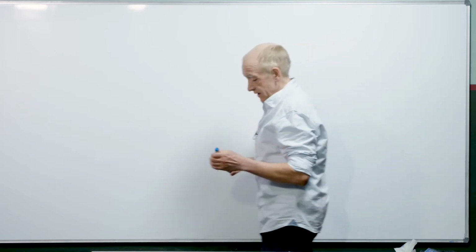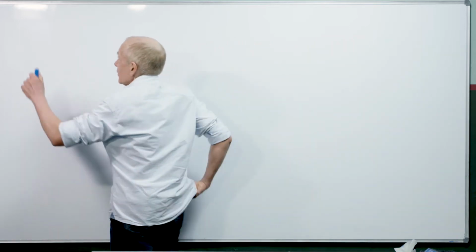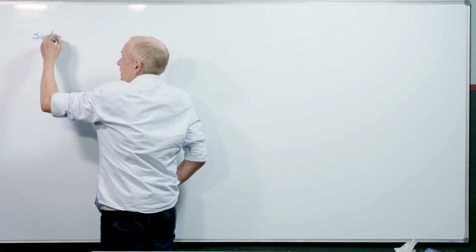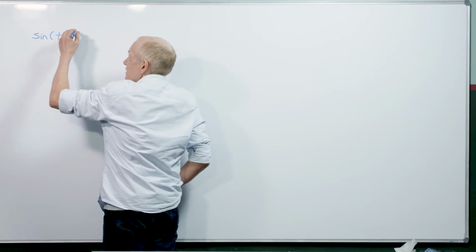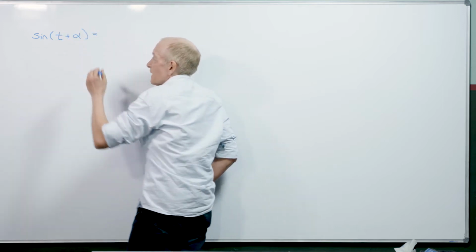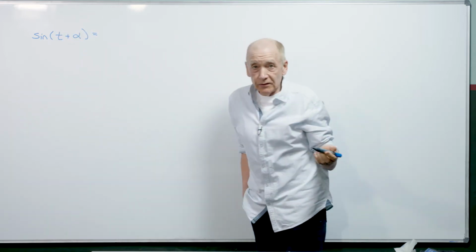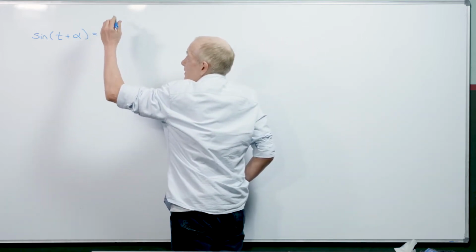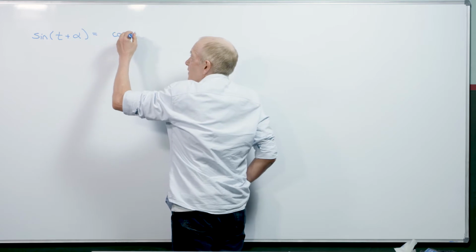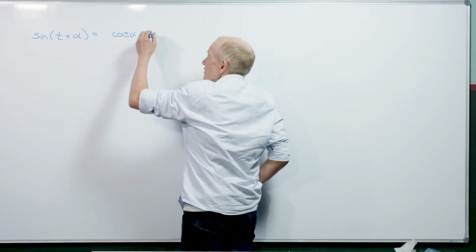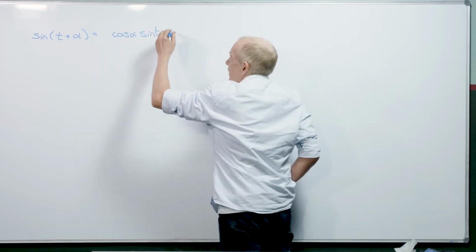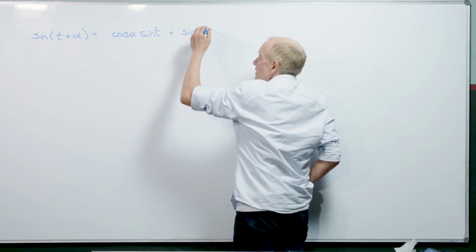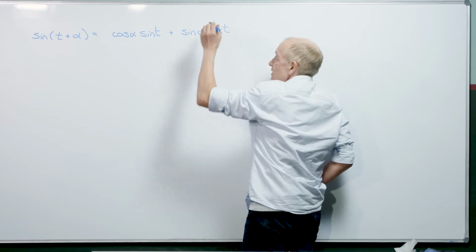So firstly, we're going to use the sine of two angles, t plus alpha. And this is one of the formulas that we've seen in the module. It is equal to the cos of alpha times sine of t plus the sine of alpha times cos of t.